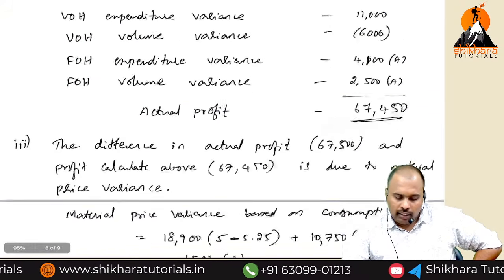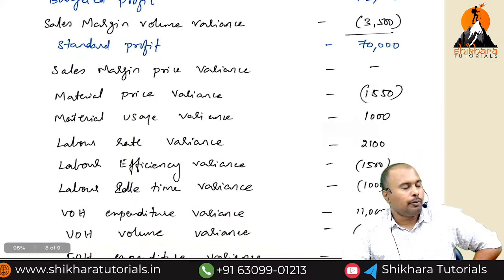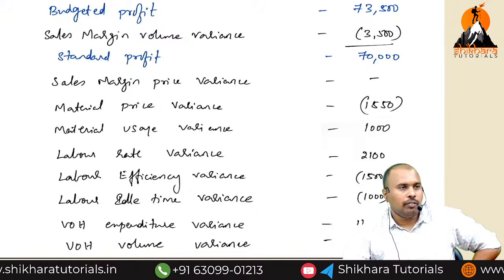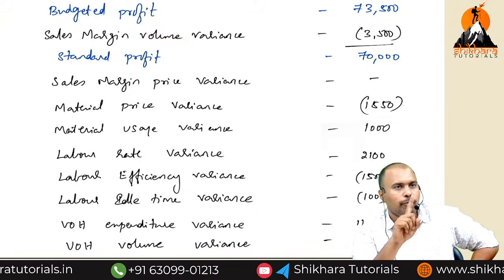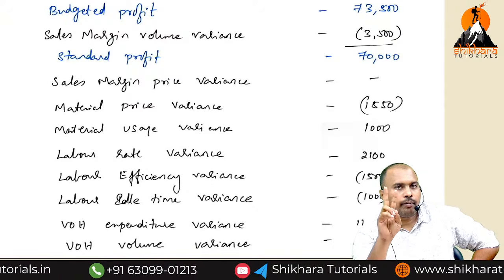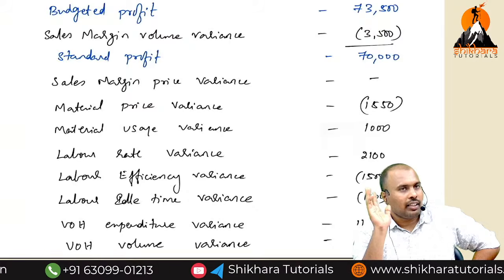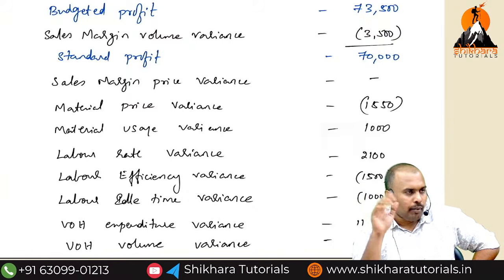Clearer? It is easy: to the budgeted profit, you have to adjust sales margin volume variance. First thing, sales variances. Total sales variance is volume and price. But here I am supposed to take margin variances. We have seen the reason why margin variances, right? So take both the margin variances.